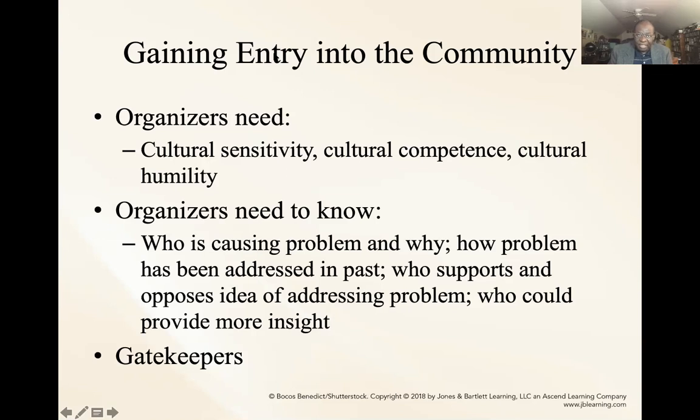We try to create a diverse community wherein there is a sense of cultural sensitivity. The organizers need to know the cultural sensitivity of the people within the community.